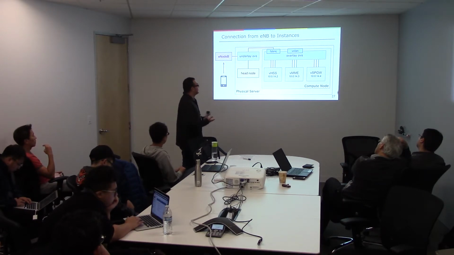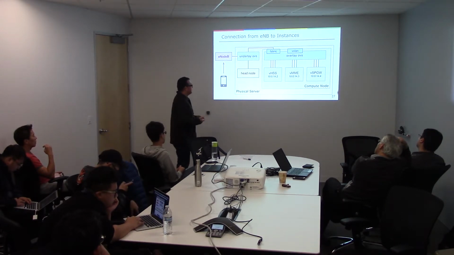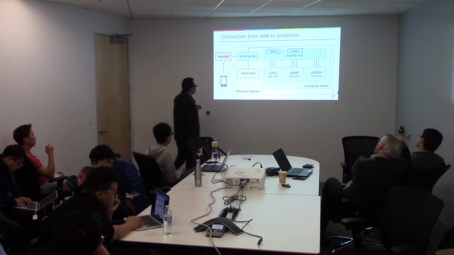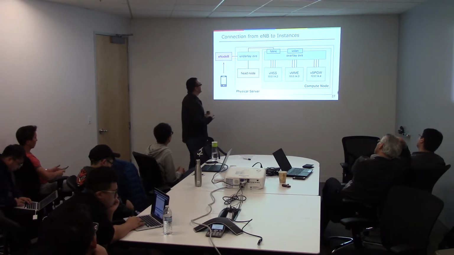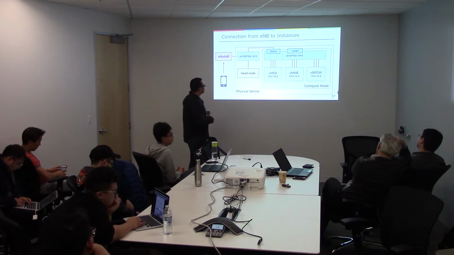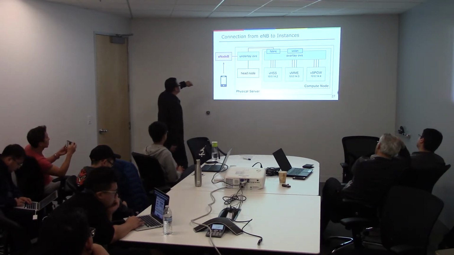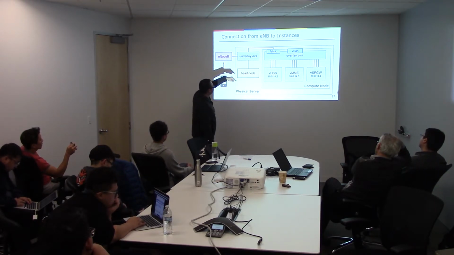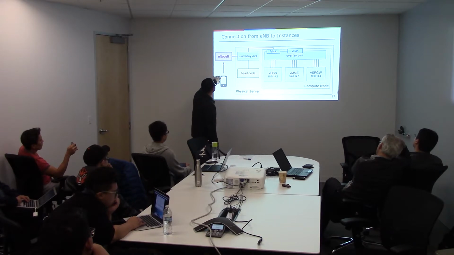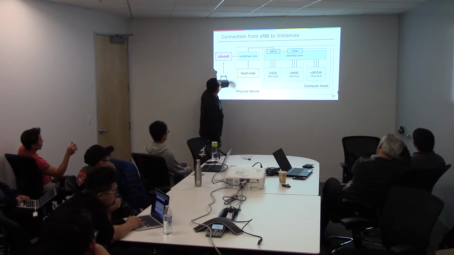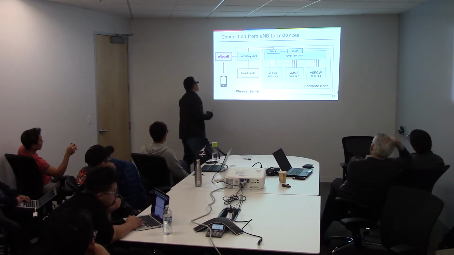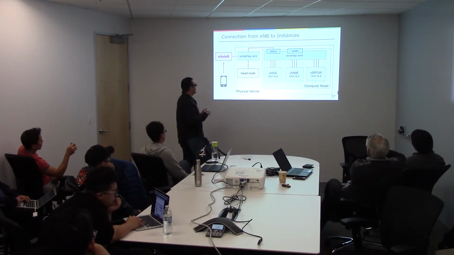But for the networking, because we use the coin box, there is some more work that needs to be done, because it is not like the core part. For the connection from the eNodeB to the instance in the EPC, it is no problem, because the traffic from the eNodeB will go through this port. This physical server port is bridged to the underlay OVS, and this underlay OVS simulates the underlay fabric.